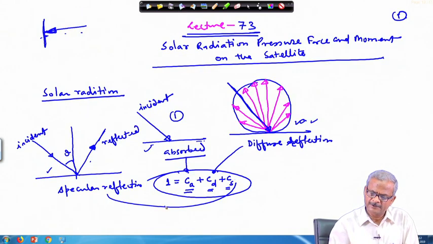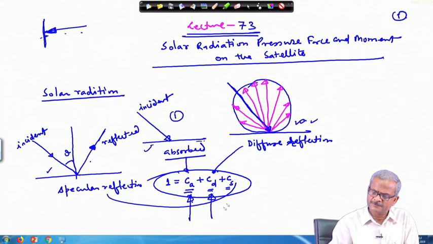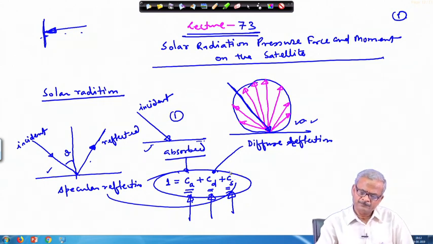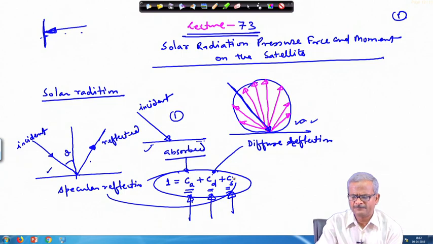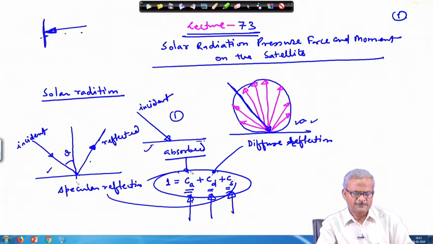The only thing is that this gets complicated by the fact that some is absorbed, some is diffuse and some is specular. In the case of the aerodynamic one, only the diffuse one was present and the specular one was very minor, which is shown here.